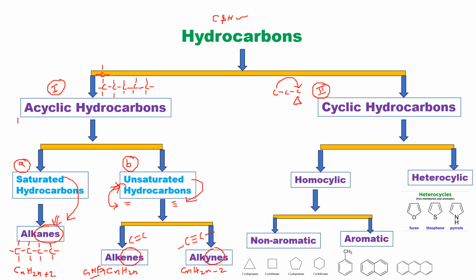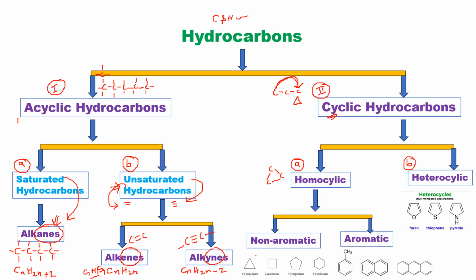Next, on the right side, cyclic hydrocarbon compounds. The starting carbon links with the ending carbon to form a cycle. Then we call it cyclic hydrocarbon compounds. These are classified into number one, homocyclic, and the other, heterocyclic. Homocyclic means the ring compound is made up of only carbon atoms.